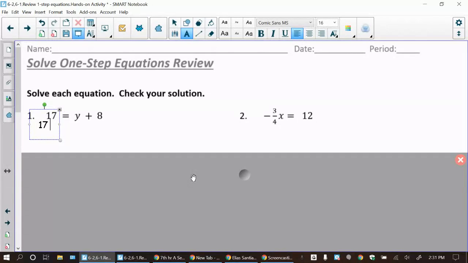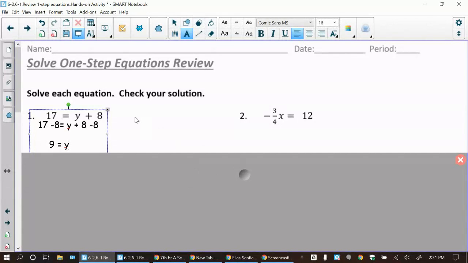Well, I want to subtract 8 on both sides. That minus 8 gets them to cancel out so that y is by itself. Then 17 minus 8 is our 9 equals y.